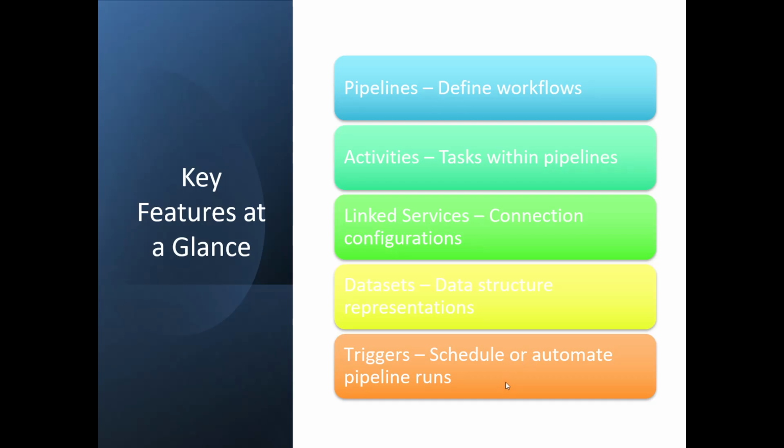And then you have your triggers, which are basically, if you're familiar with the on-prem version of it, equivalent to like scheduled jobs. So you have to automate things. You can't just, I mean, you can, but you don't want to have somebody sit there and just run this pipeline every hour when you can just automate it. When you need to run this every hour, then you have to be able to automate it so that it can run by itself.